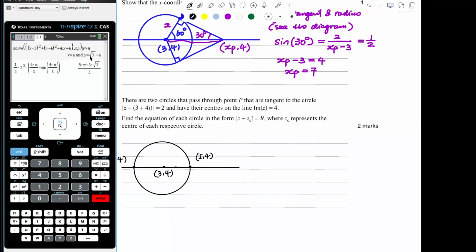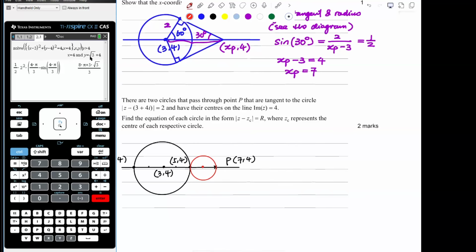That's one possibility. Then, if you like one circle to pass through point P, where is point P? Point P is over there, 7, 4. A possible circle to be tangent to another circle, I'll draw that in red, may look like this, actually. See, this is one possible circle.